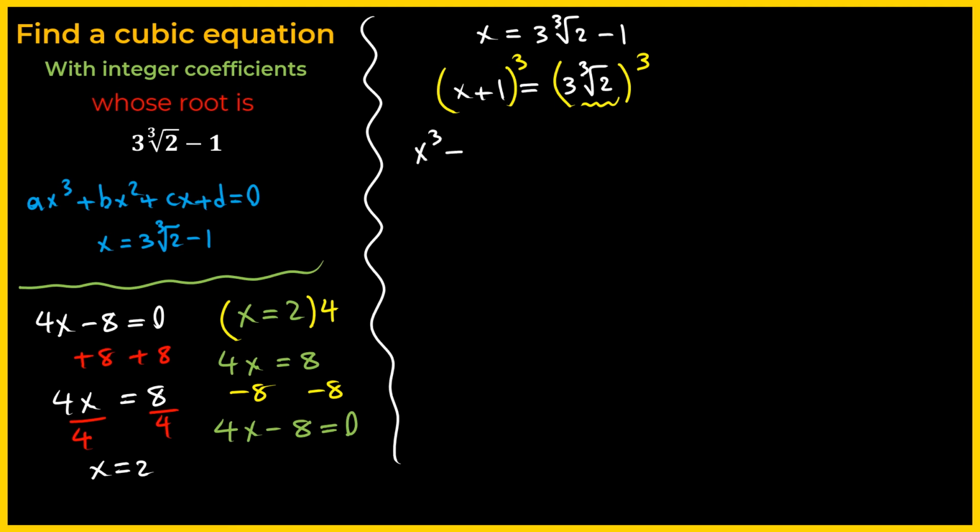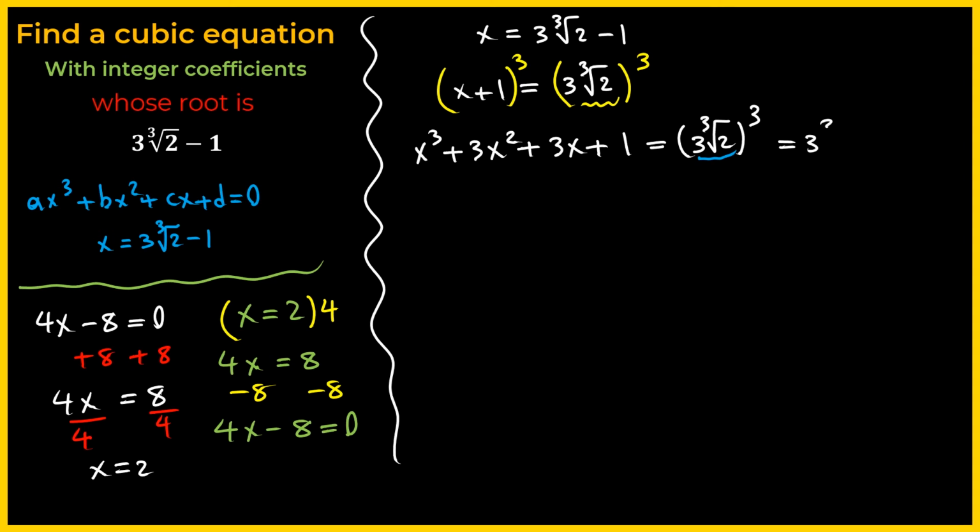So I get x cubed plus 3x squared plus 3x plus 1 equals 3 times cube root of 2, all to the power of 3. Now notice that this is a product, so I can distribute the power over the product.